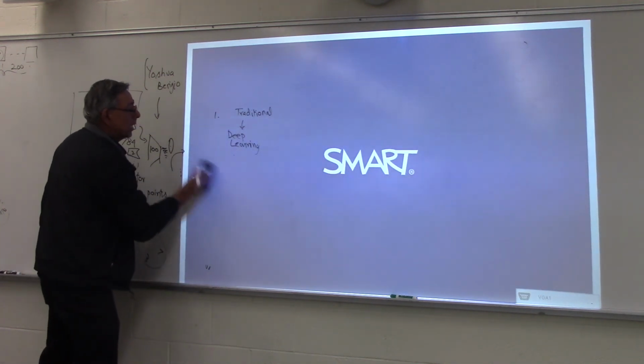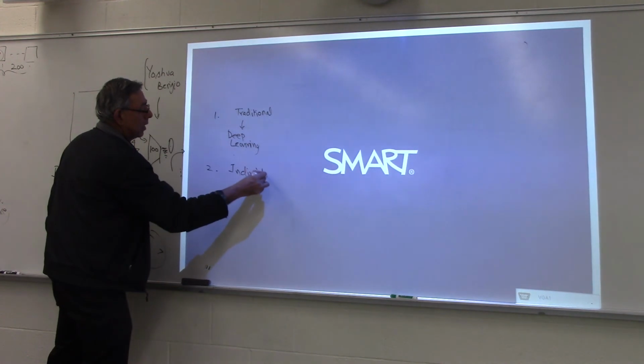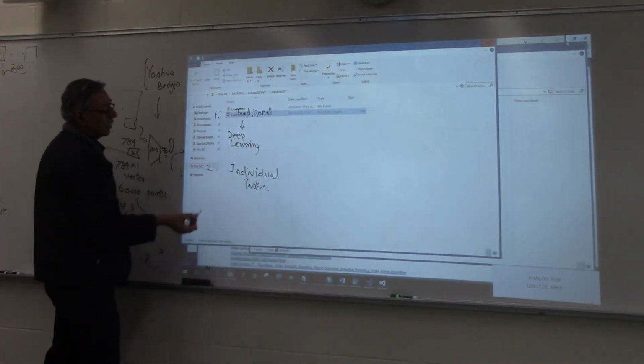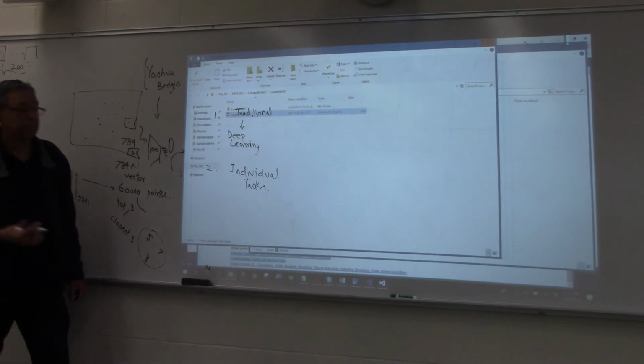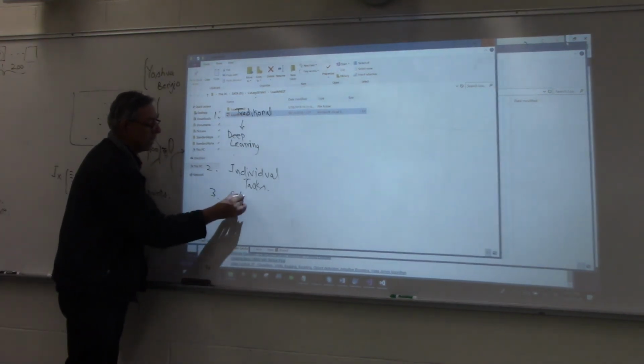Okay, second part is be able to do individual tasks, such as recognizing lanes, recognizing cars, recognizing traffic. Now let's go to, for example, self-driving.